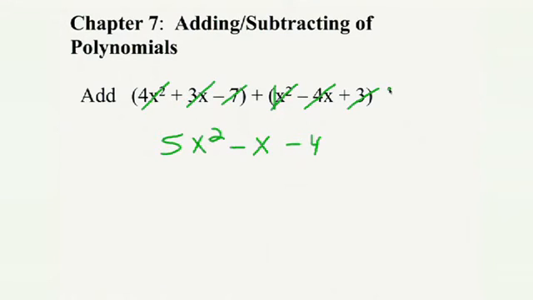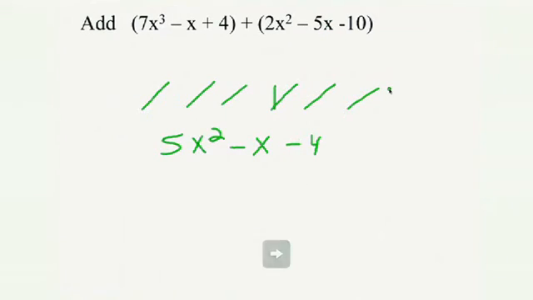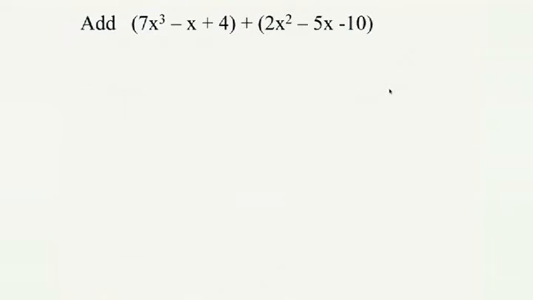All right, let's look at a second example of this. Here, again, we're still interested in writing our answer from largest exponent down to smallest exponent. So I look first at this, and I notice the largest exponent is x cubed, and there are no other x cubes over here. So the first part of my answer is just 7x cubed. Now I'm looking for x squareds, and there's only this one x squared here.